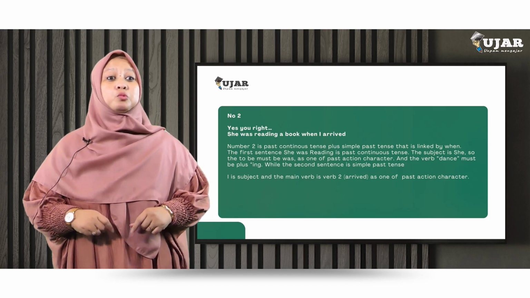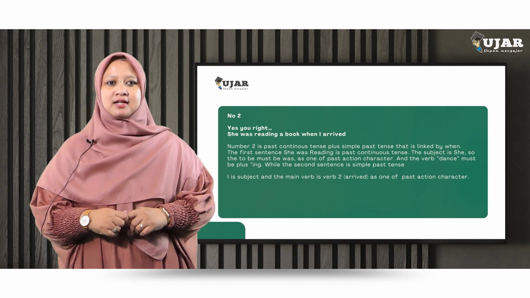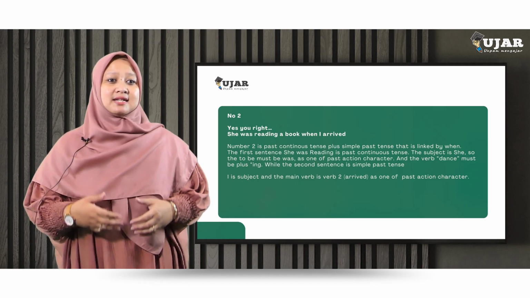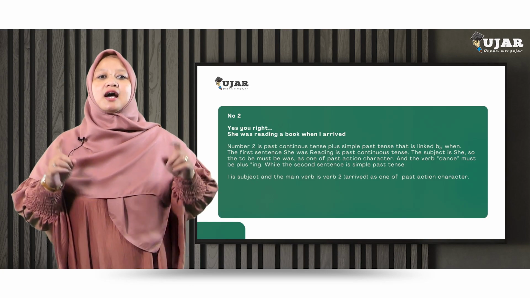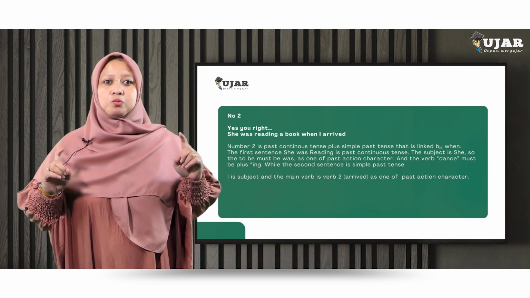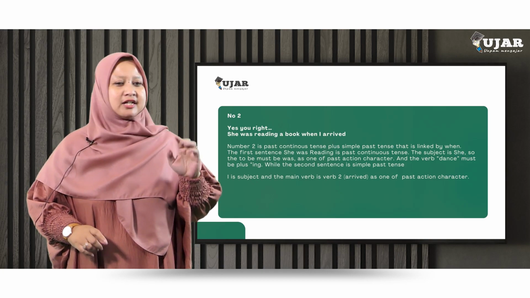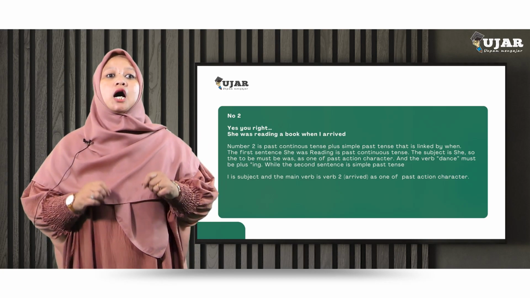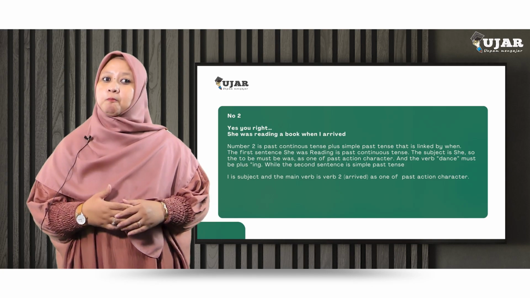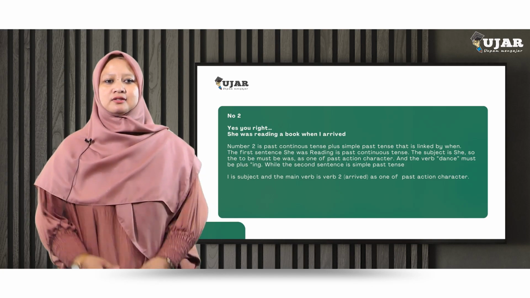And the verb read must be plus ing. While the second sentence is simple past tense. I arrived. I is the subject and the main verb is verb 2, arrived, as one of past action characters.